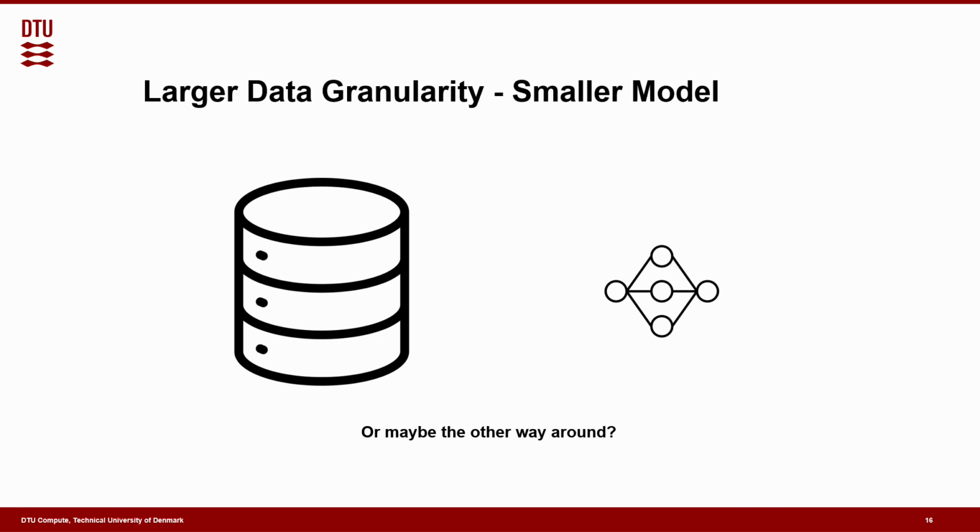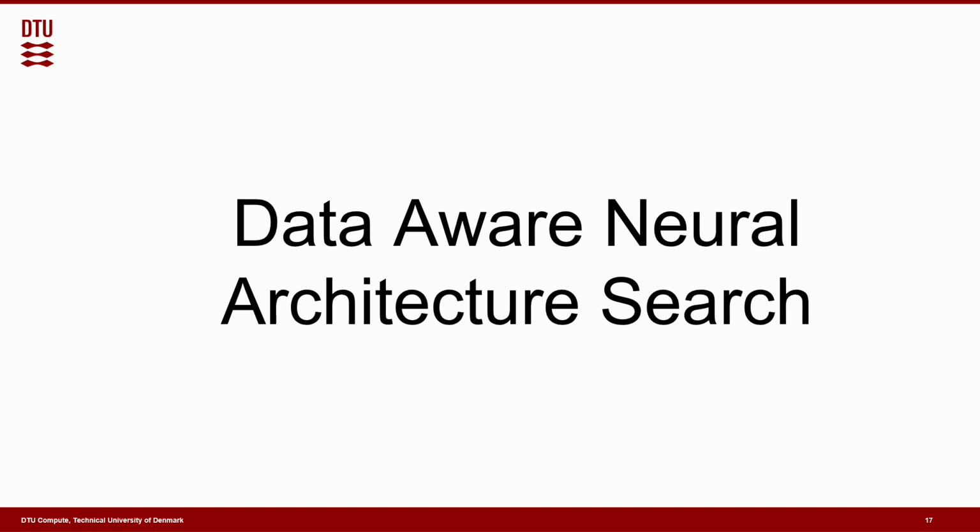The other way around, maybe we could also give more resources to storing more information about our data and using a smaller model, and that could also provide better results. And this, of course, all depends on the application that we're deploying a solution for. So that's really where our idea of data-aware neural architecture search comes in.